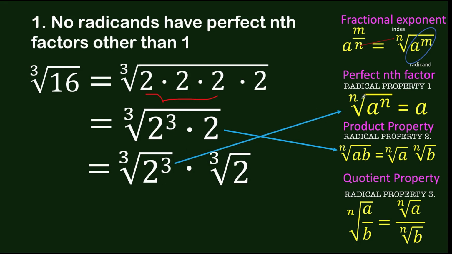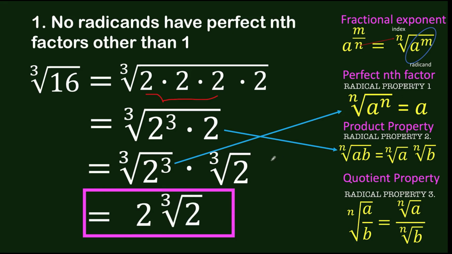And again, you have here a perfect nth factor, which is simplified as the base 2. And just copy the cube root of 2. This is our simplified form, and this is the form that will help you easily add or subtract radical expressions. And so think of this as your prerequisite in order to perform addition and subtractions of radicals.